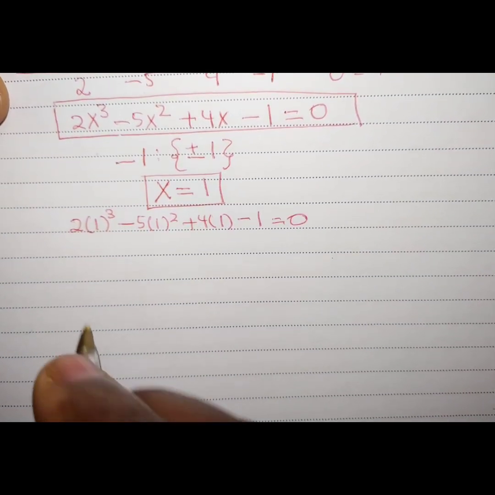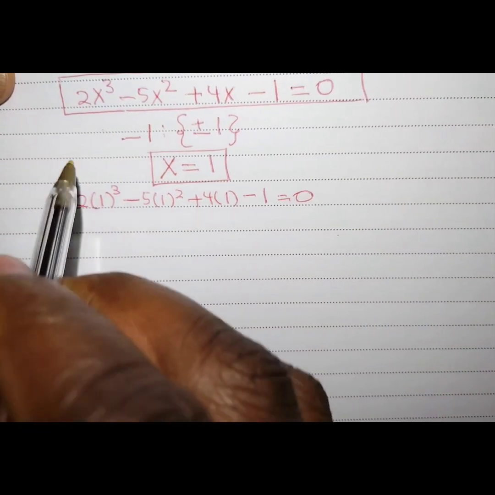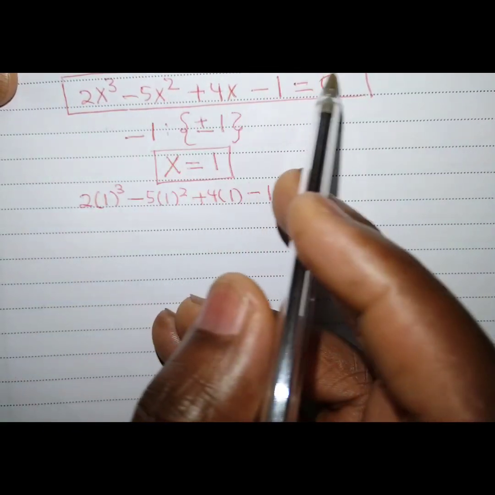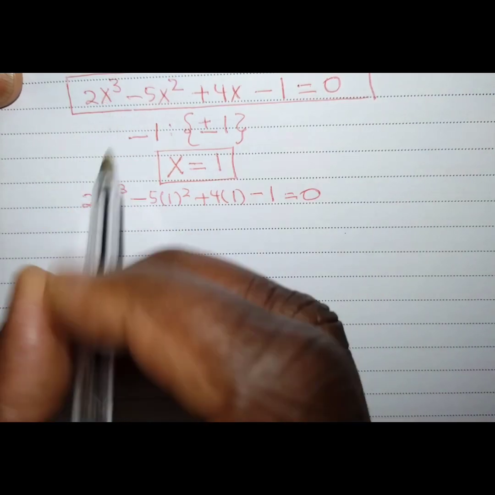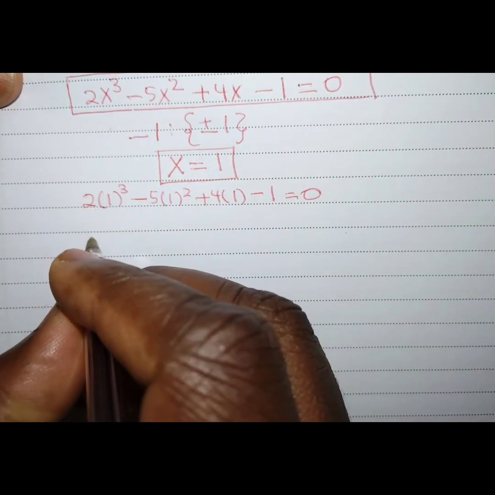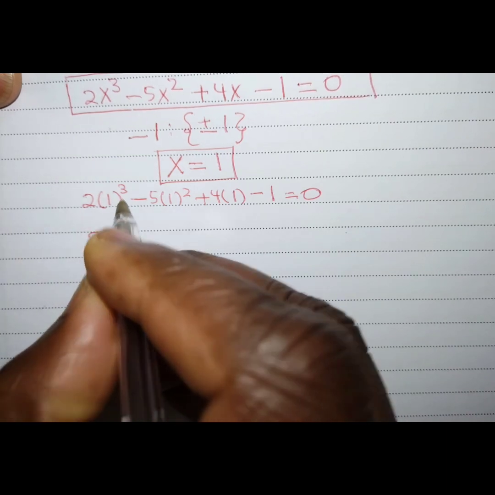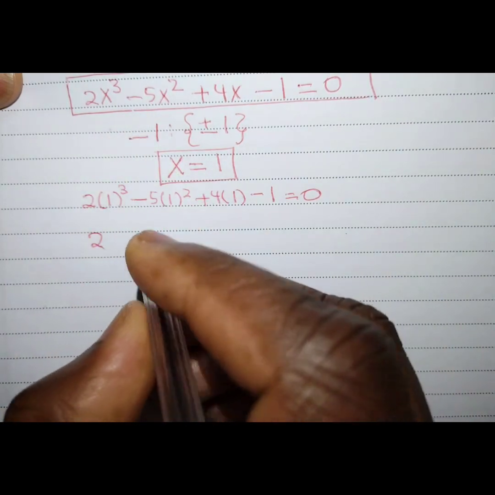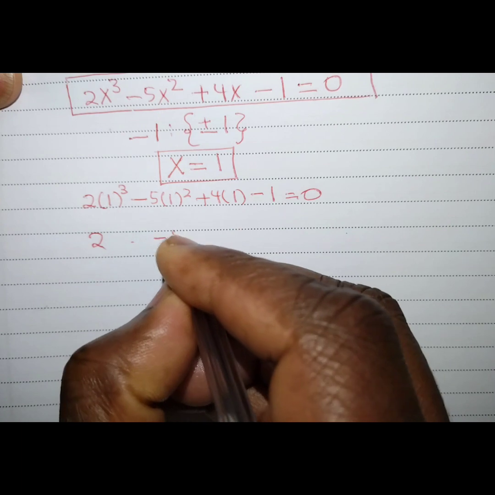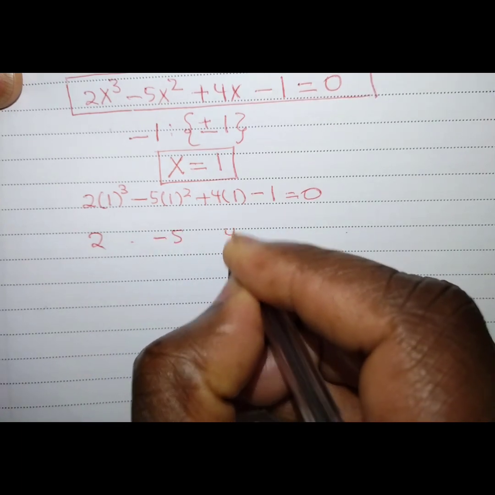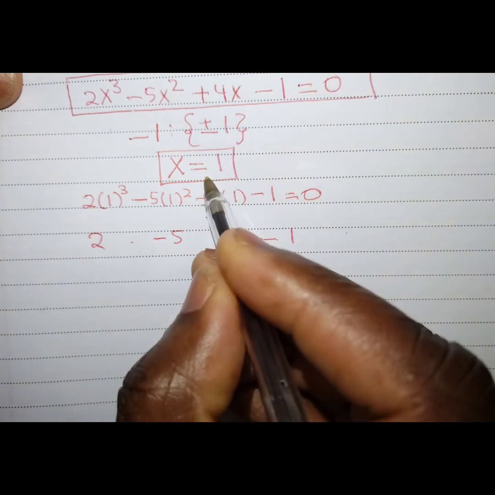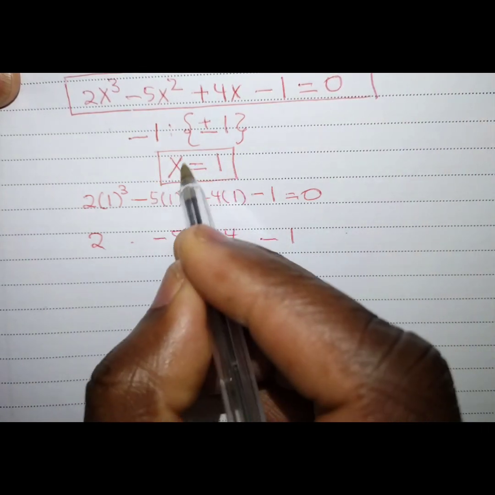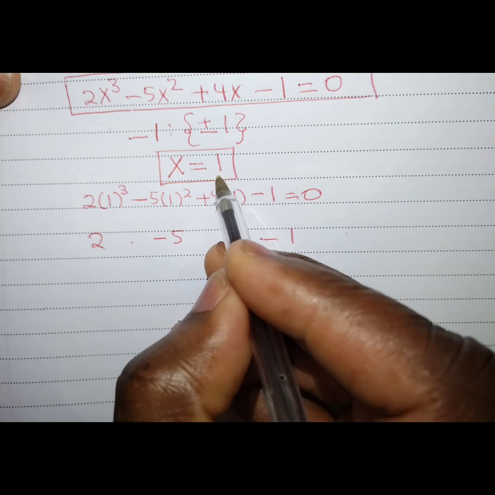I'm going to take all the coefficients of the equation right here and list them. The coefficient of x to the power 3 is 2. The coefficient of x to the power of 2 is minus 5, followed by 4, the coefficient of x, then minus 1. Then I'm going to take the root x equals 1 and take the value of it.